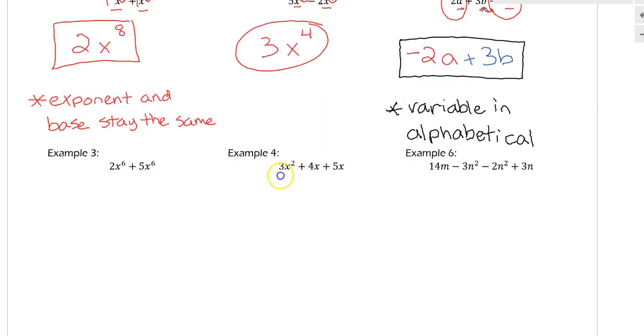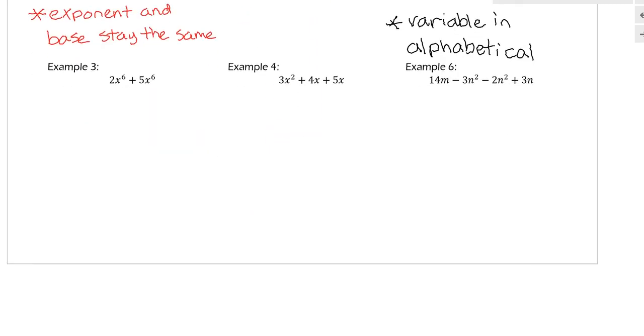All right, looking at example 3, 2x to the 6th plus 5x to the 6th. They have the same base. They have the same variable. I'm just adding 2 plus 5 is 7. X to the 6th. Done. If we look at this one, they all have the same base or the same variable, but this one has a 2. These ones don't have a 2.